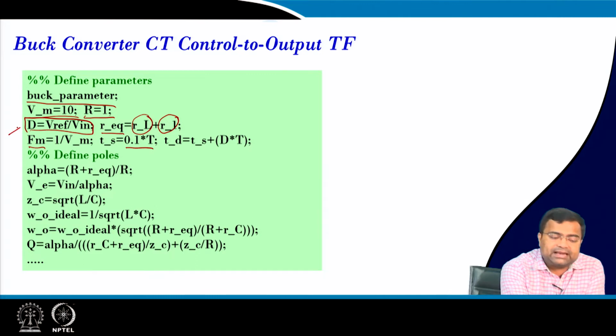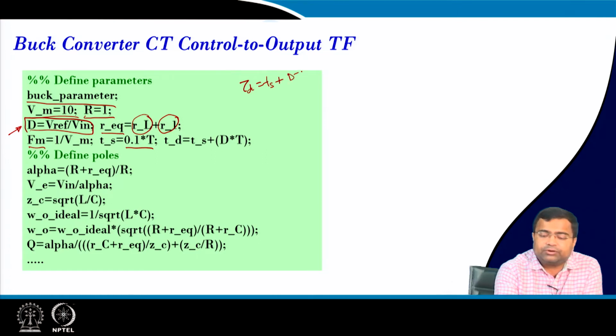And this D is needed because we have an additional delay tau D, which is Ts plus dt, where dt is the DPWM delay. So, you can see the total delay is Ts plus dt. This is my ADC delay, and this is my DPWM delay.